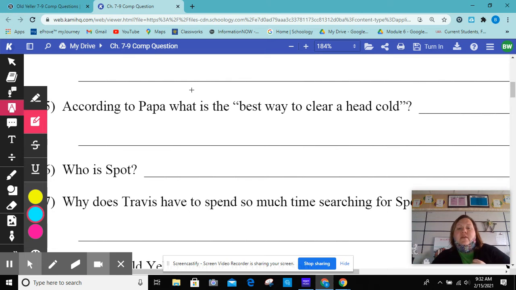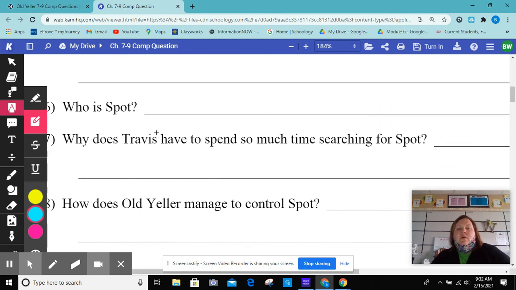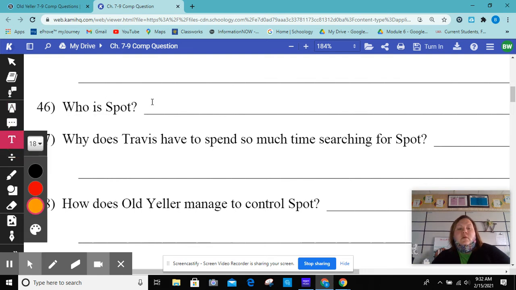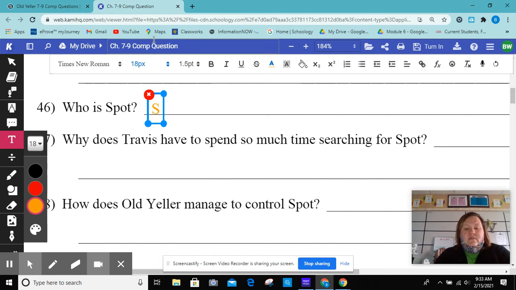According to Papa, what is the best way to clear a head cold? Okay? You can just say Papa says the best way to clear a head cold is. All right. On this one, who is Spot? Spot is how you're going to word this one.